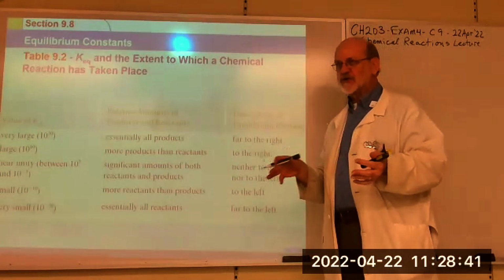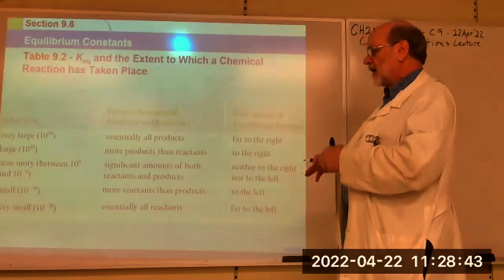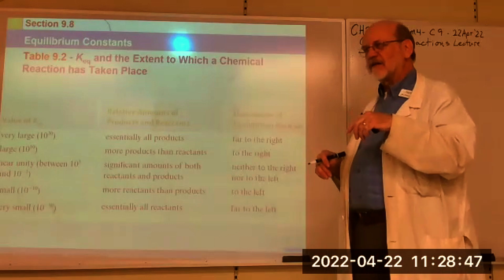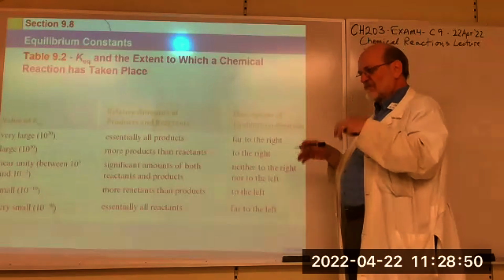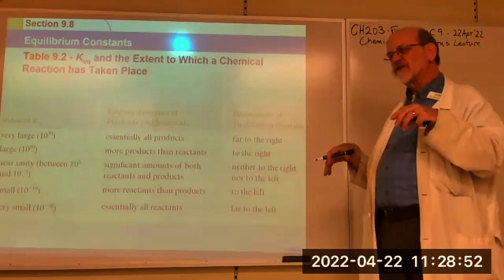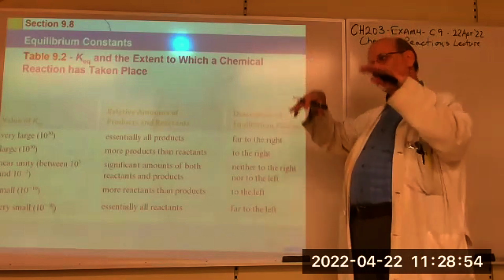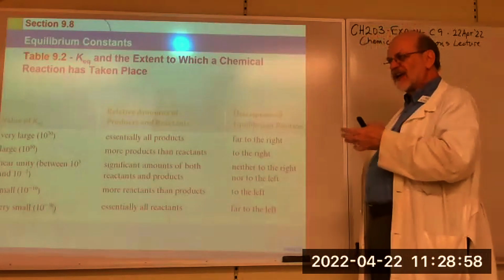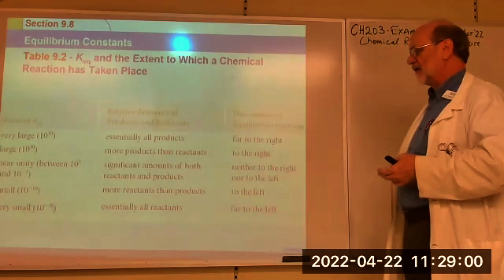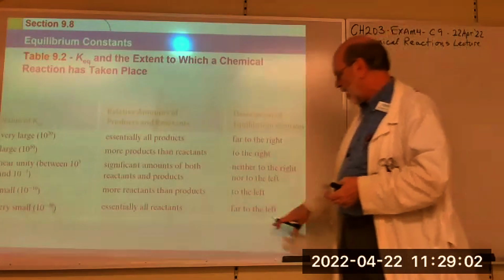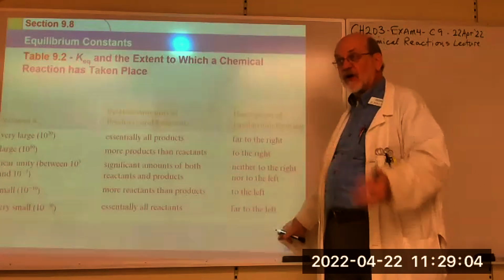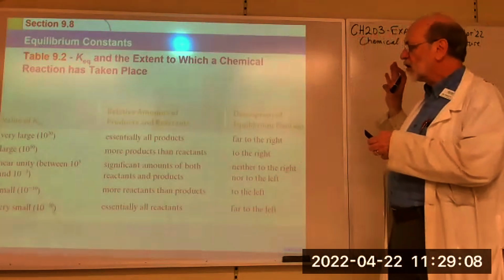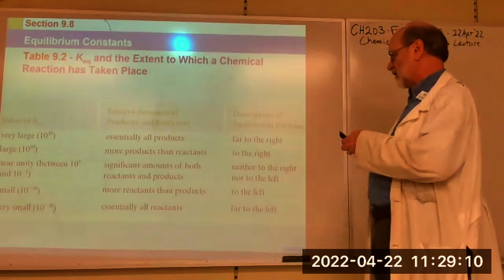I know some textbooks do, but it's not valid. If it's close to 1, in that neighborhood, you can say that concentrations of reactants and products are pretty well balanced. They're not exactly equal, but they're balanced. And then if you've got very, very small, then the reaction essentially doesn't go. So those are conclusions you can draw from the K value itself.